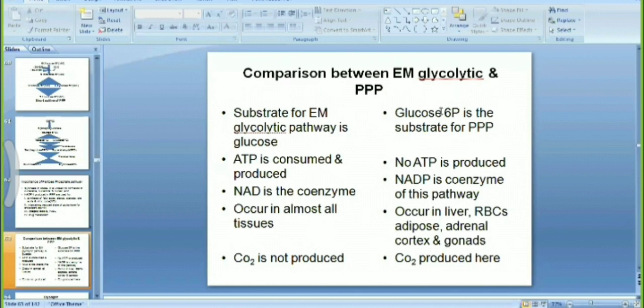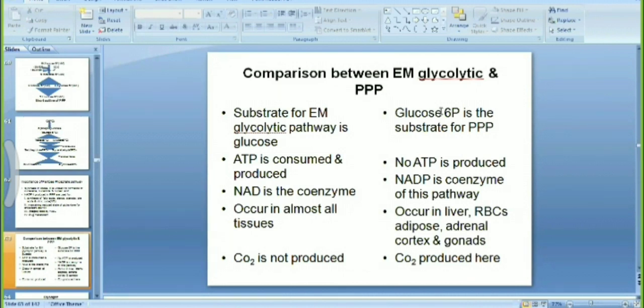Okay. In the Embden-Meyerhof glycolytic pathway, ATP is consumed. Also, there is production of ATP. But in the pentose phosphate pathway or hexose monophosphate shunt pathway, no ATP is produced. The coenzyme of the Embden-Meyerhof glycolytic pathway is NAD, nicotinamide adenine dinucleotide. The coenzyme of the hexose monophosphate shunt pathway is NADP, nicotinamide adenine dinucleotide phosphate.